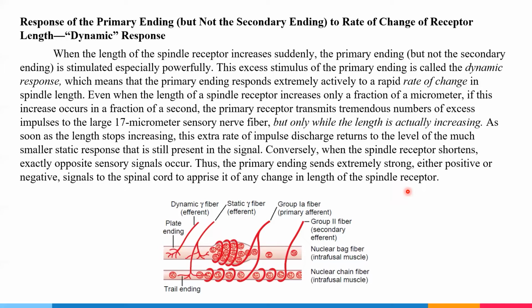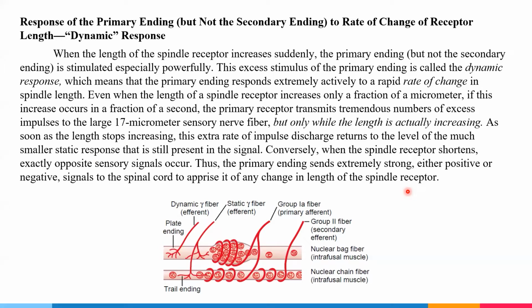By the static response that is generated by both primary and secondary endings, the muscle spindle informs the brain about the tone or contraction that is present. But the dynamic response, that is the reaction of only the primary endings, exhibits excess numbers of action potentials when there is a huge rate of change of muscle strength, tone, or contraction.